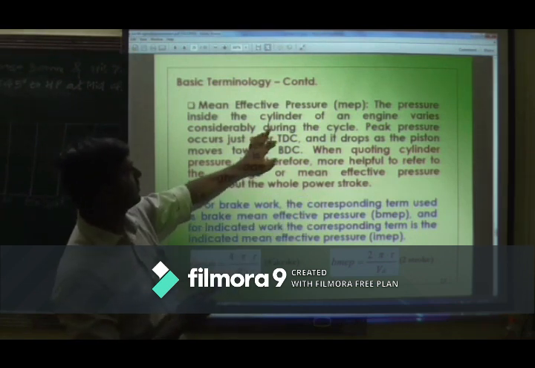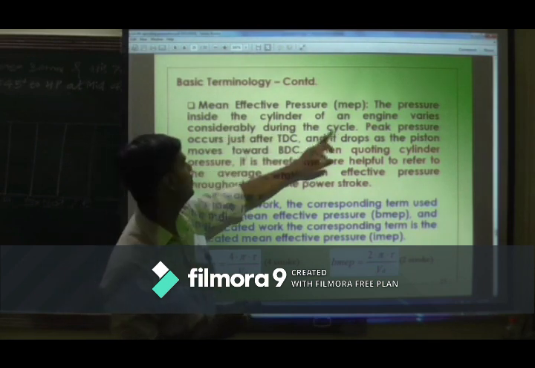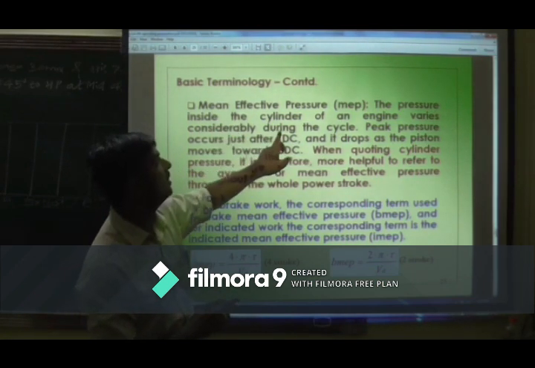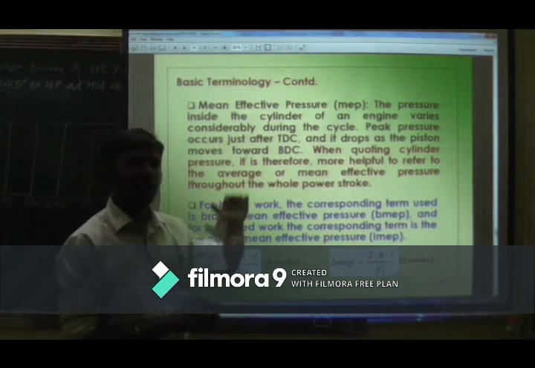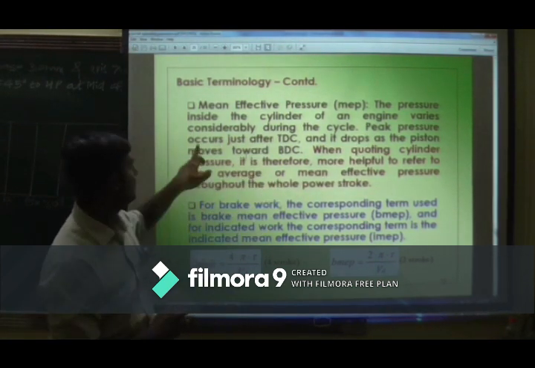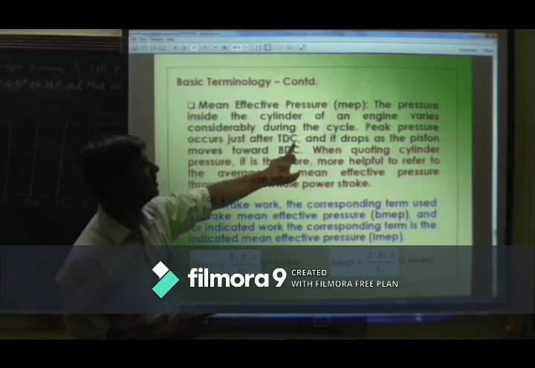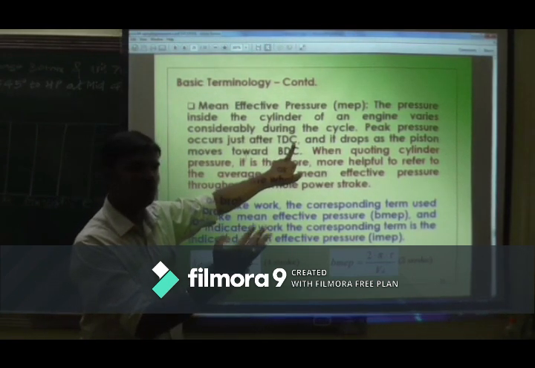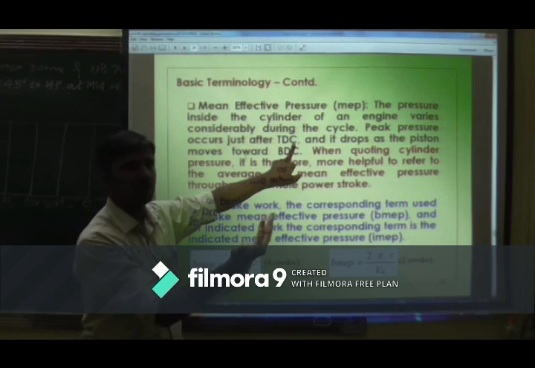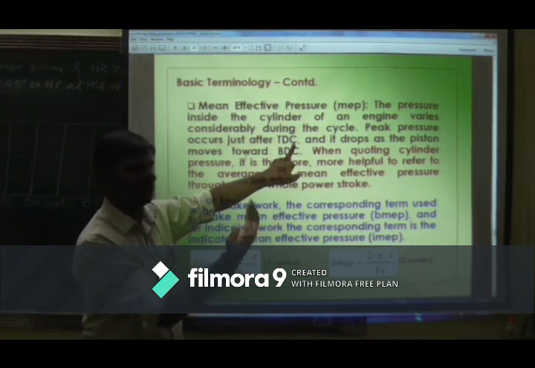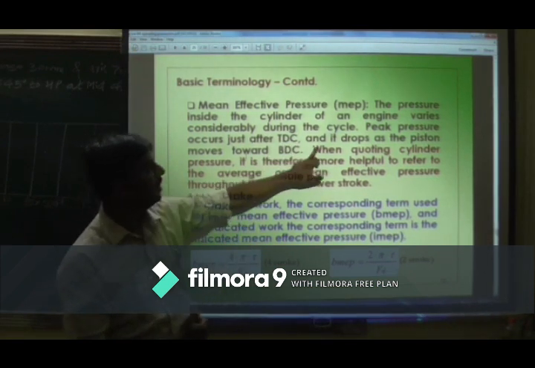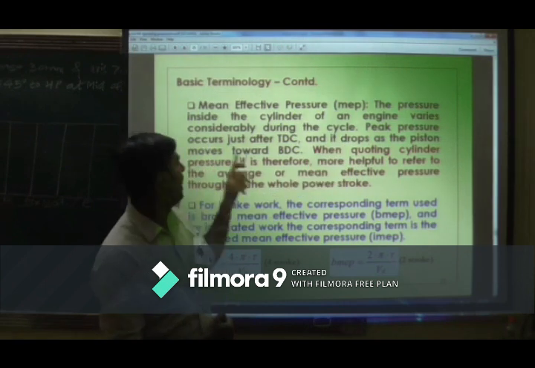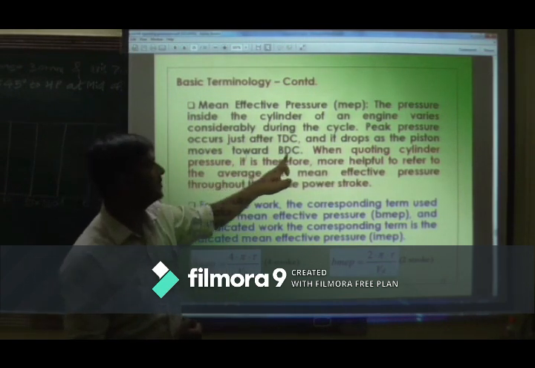So the pressure inside the cylinder varies considerably during the cycle. Peak pressure means the maximum, highest pressure, and it occurs just after TDC. At what crank angle will we observe it? Around 20 degrees, because all the fuel gets burned by 50 degrees after TDC. So around 20 to 25 degrees we get peak pressure, and it drops as the piston moves towards BDC.